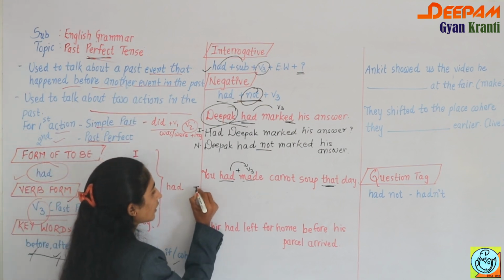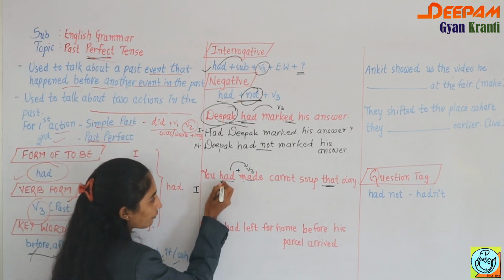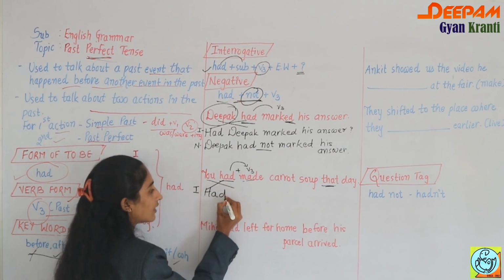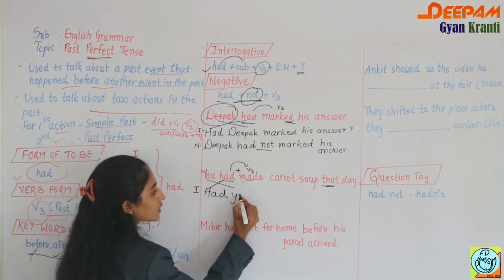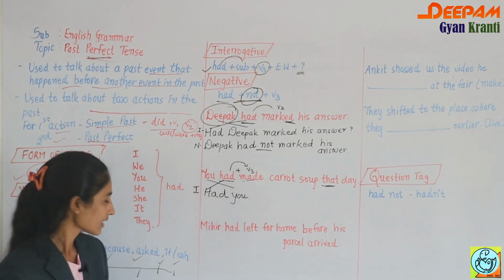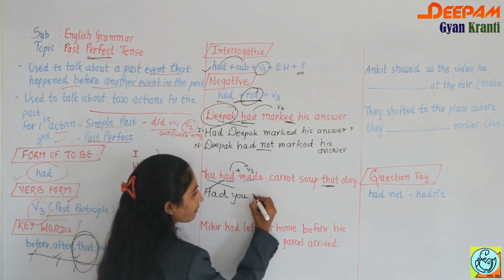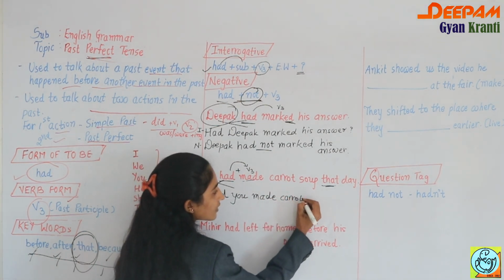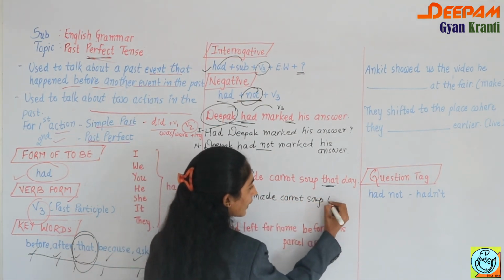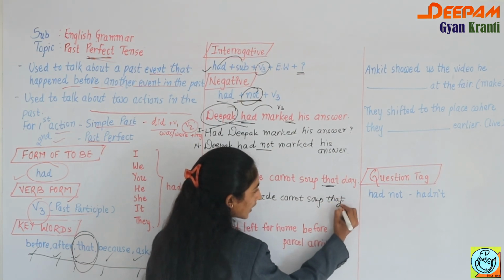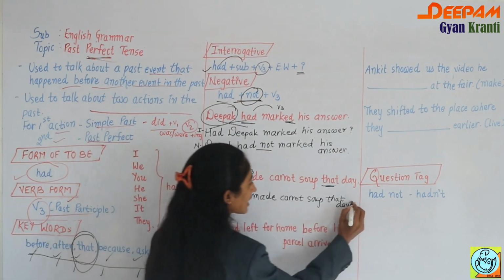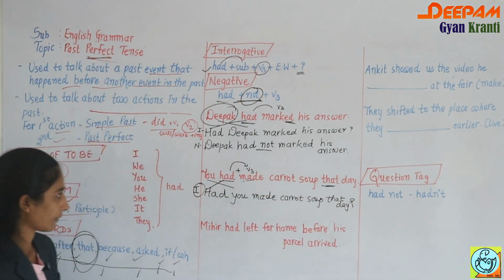So first of all, the interrogative sentence. Definitely we have to follow the cross pattern. So had comes forward, so had, then the subject you. So had you, then the whole sentence is as it is. So had you made carrot soup that day. Then what comes? Full stop, right? No, wrong. You have to make an interrogative sentence, so definitely you have to put a question mark.